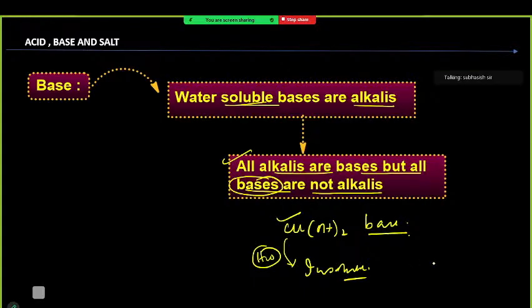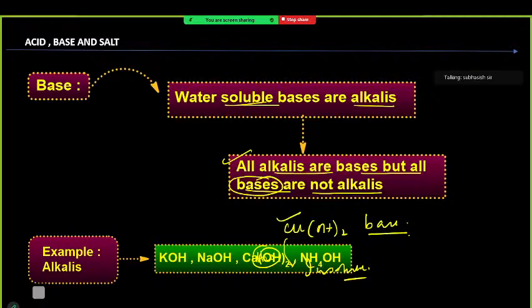But copper hydroxide is a good base. That's why you can say that all the alkalis are primarily bases, but not all the bases should be considered as alkali. So this is all about the definitions related to acids and bases and alkalis also.